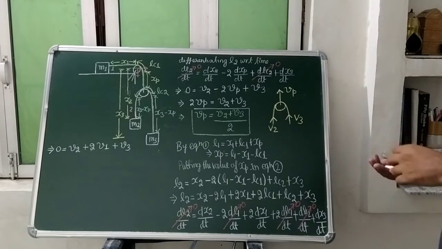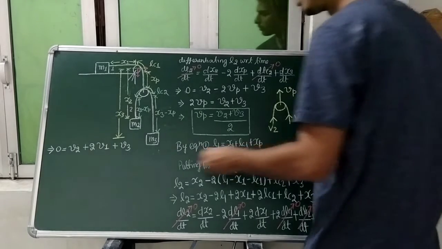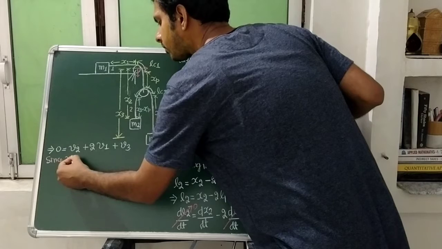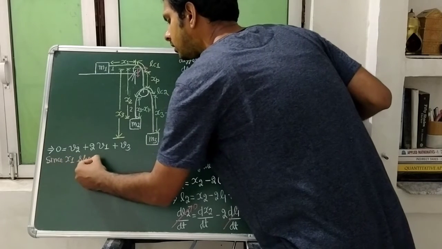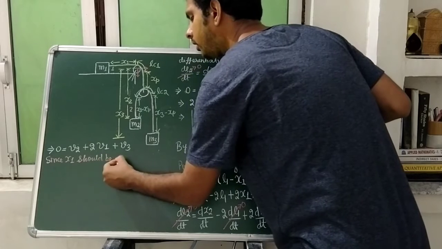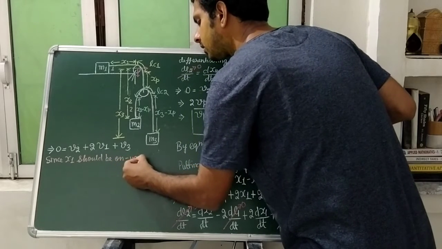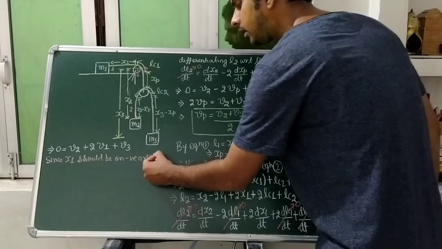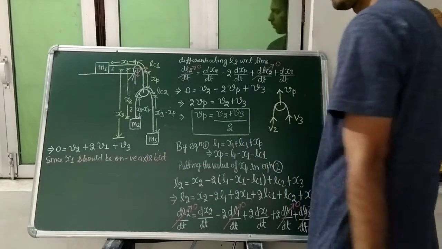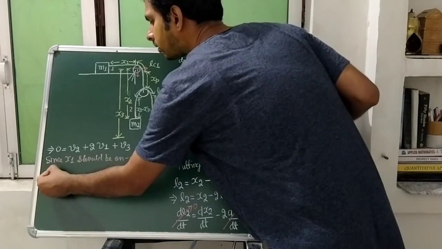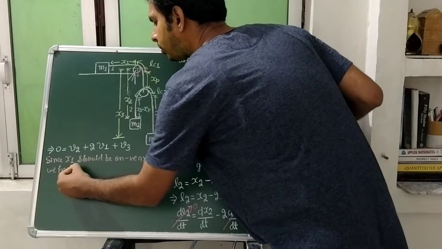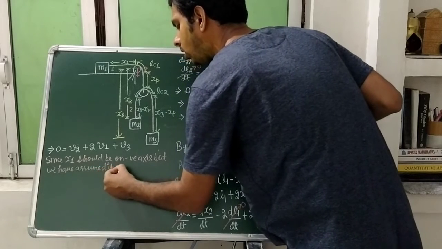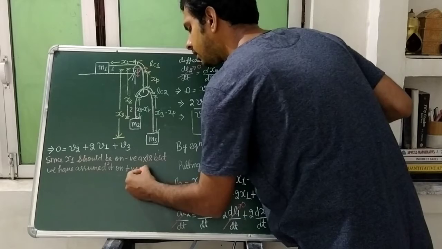And students, one thing you will notice: x1 should be on the negative axis, but we have assumed it on the positive axis, isn't it?